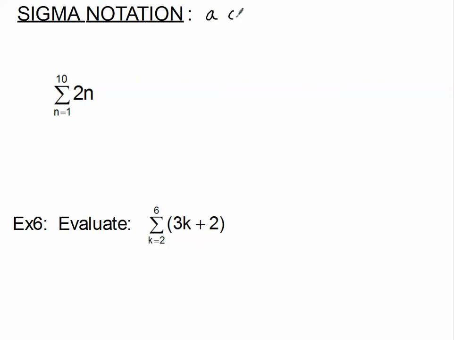Sigma notation is a concise way to represent a sum. Whenever you see this sigma symbol, that big capital E looking thing, that is representing a sum. That's what sigma notation is, summation notation.